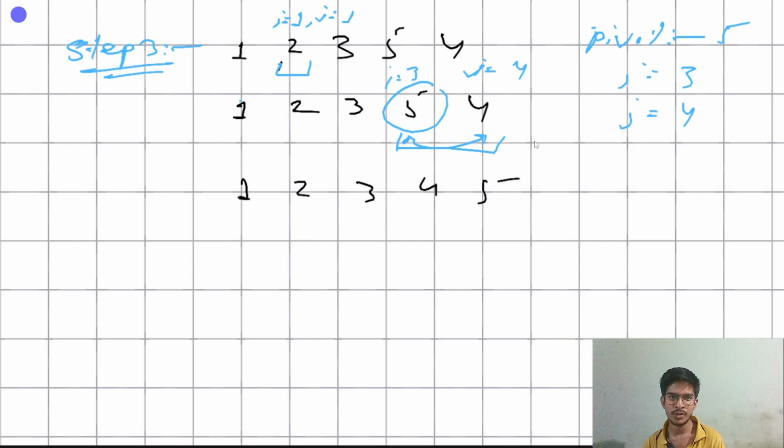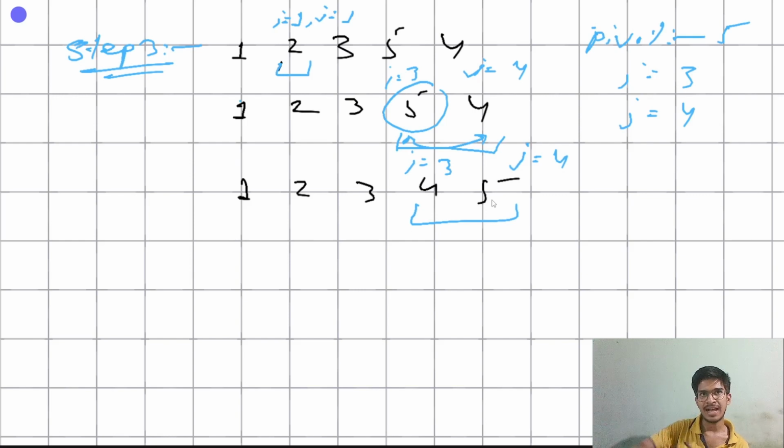Now it will be i equal to 3, right? Here it will be i equal to 3 and j equal to 4, and the termination condition is here. So it will say if i has some value which is less than the pivot, but basically greater than the pivot, so it doesn't. 4 is basically less than the pivot, so it will stay here.